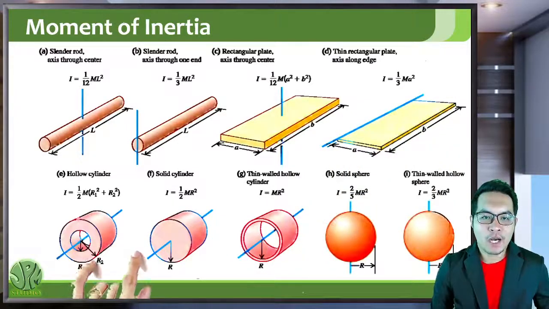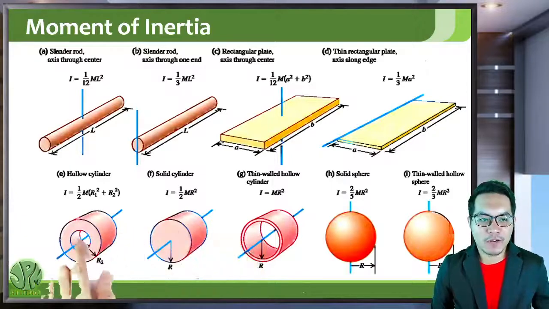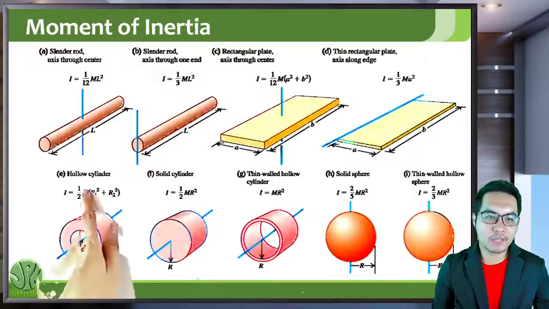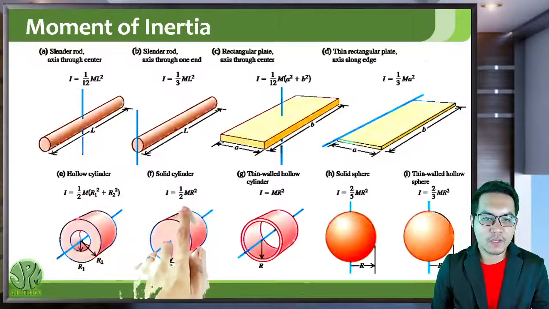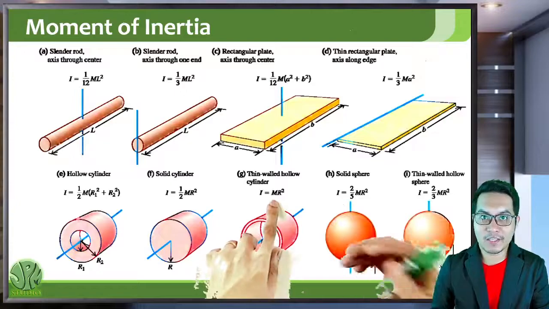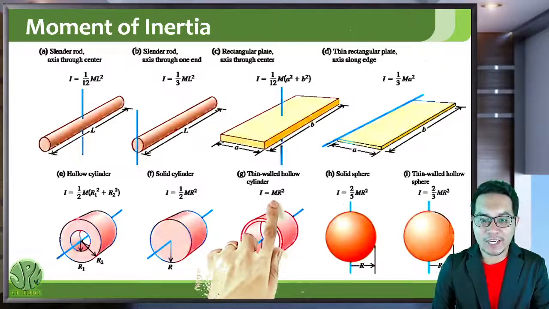Now, how about if you have a cylinder? If you have a hollow cylinder with inner radius R1 and outer radius R2, you get that moment of inertia. If you have a solid cylinder, it's just 1/2 m r squared. If you have a thin-walled hollow cylinder, very thin, such as a tin can, you will have m r squared.